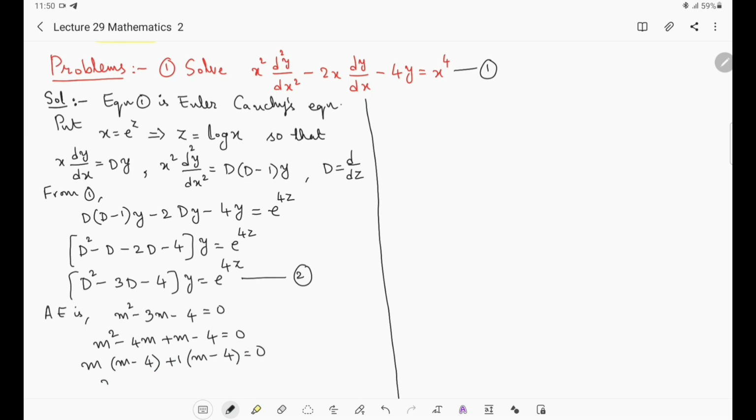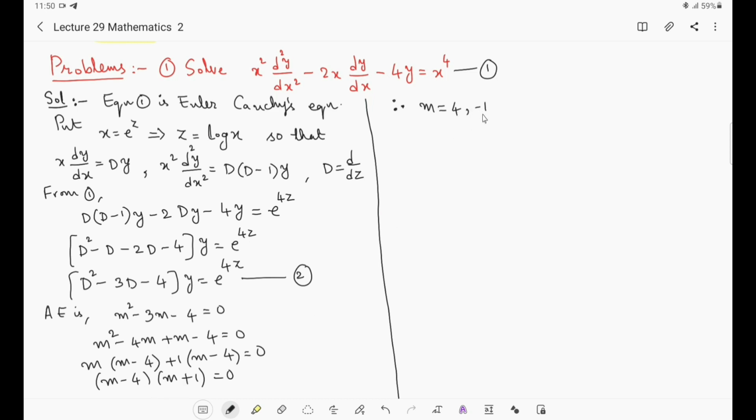This is equal to 0. Now take m minus 4 common. Then m plus 1 equal to 0. Therefore, what will be the roots? The roots will be m equal to 4, minus 1, right? 4 and minus 1 are the roots of the auxiliary equation.